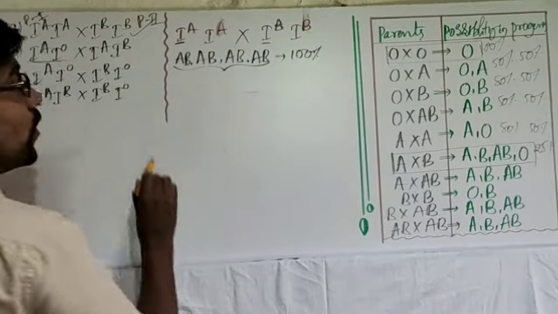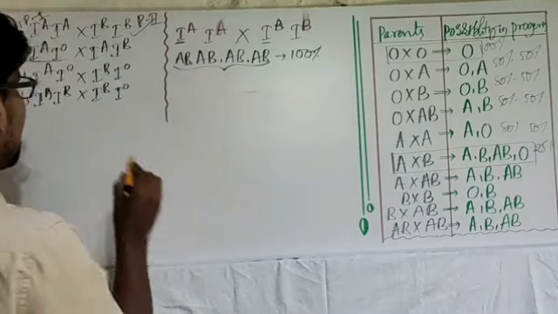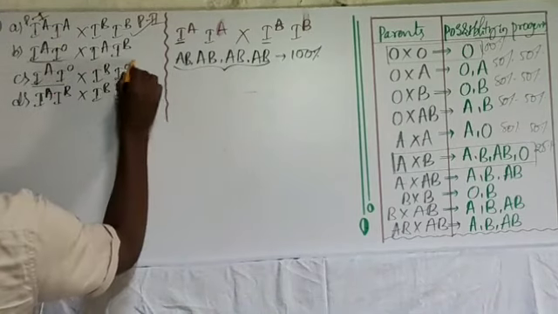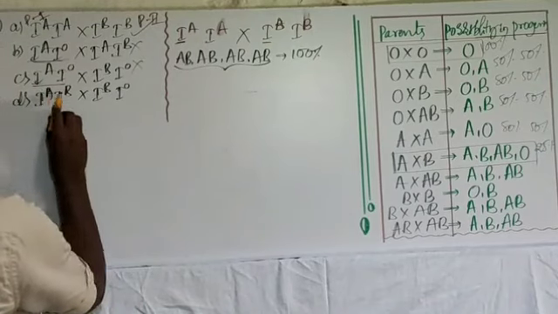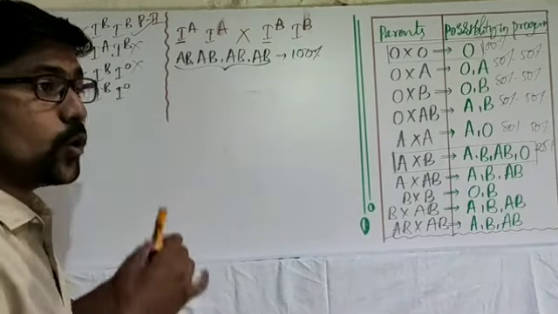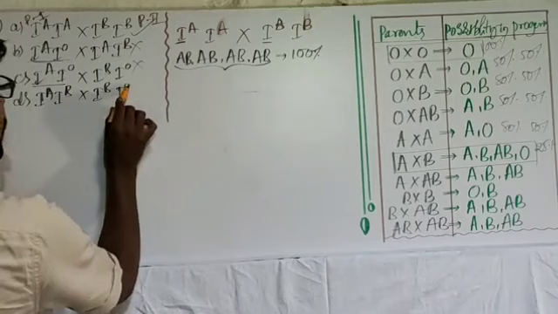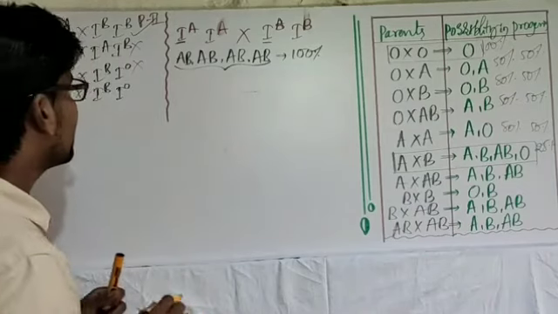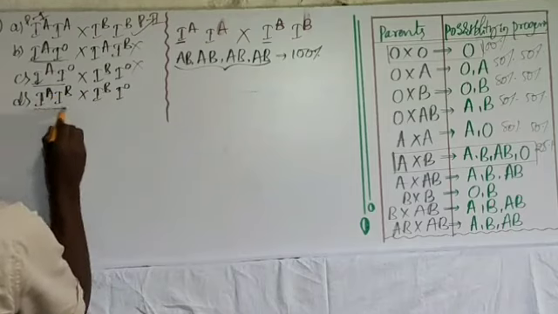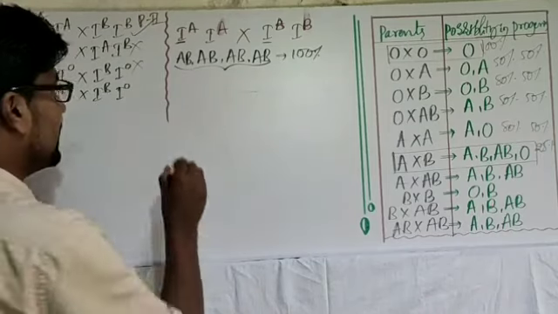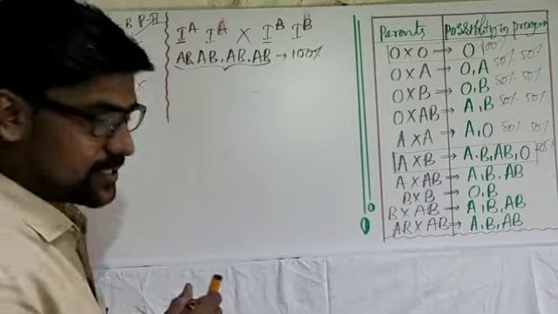A and O, what is that one? A. A means already one parent is there here. So this one also cancelled. And here, A and B, what is that one? AB, okay? A and O, A. But here, when we multiply A and B, already an AB blood group parent is there here. That means this is also not the right answer.